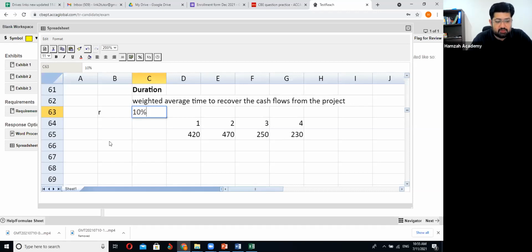Now, how to calculate duration? For example, whatever is the investment, remember we talk about cash flows. What we do, we calculate present value first of all at the rate of 10%.